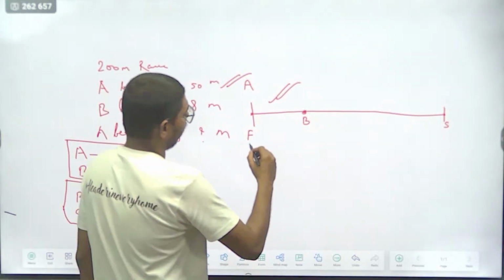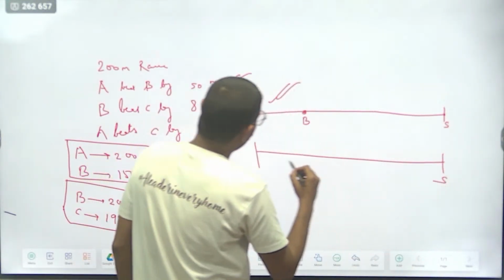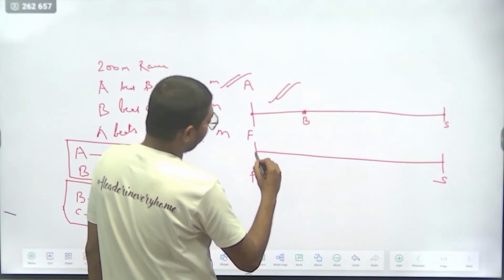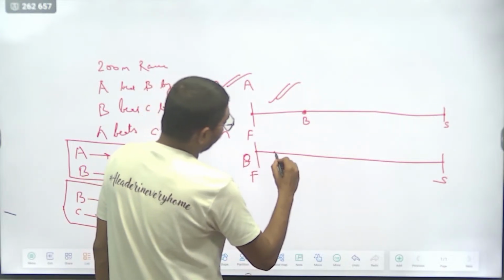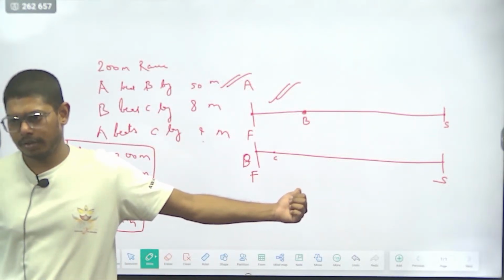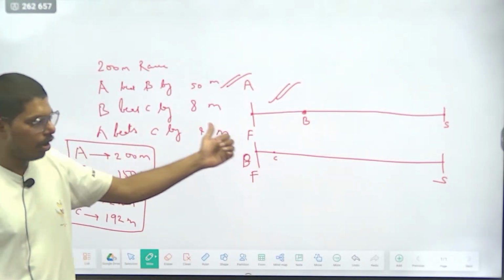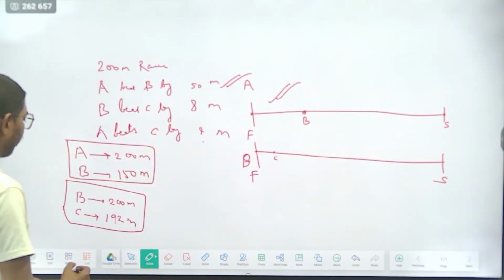Now this is the starting line and this is the finish line, when only B and C are competing. B is at the finishing line and C is 8 meters short of it, right? We have to merge these two, which means what?